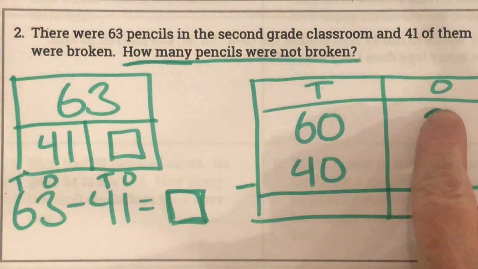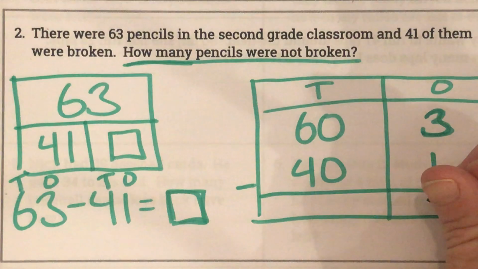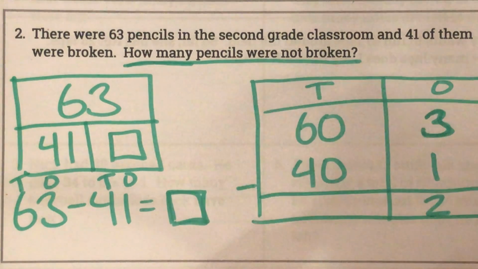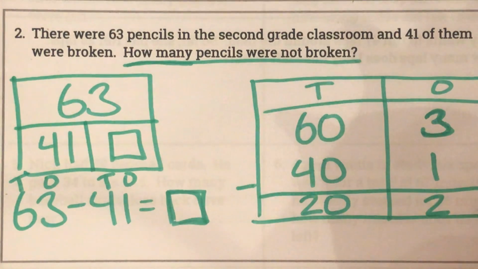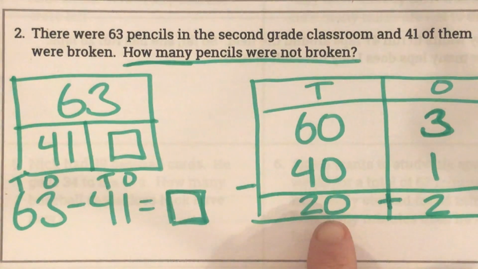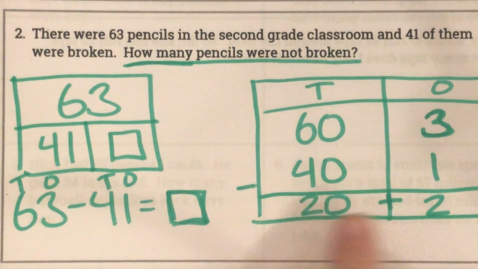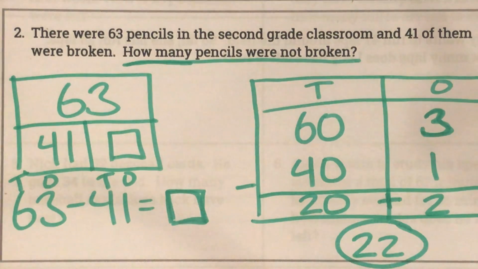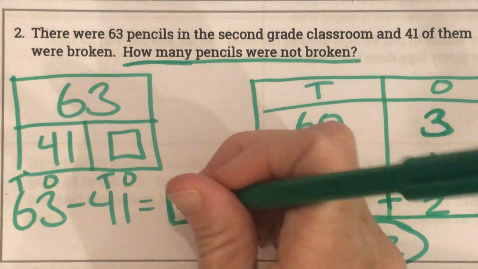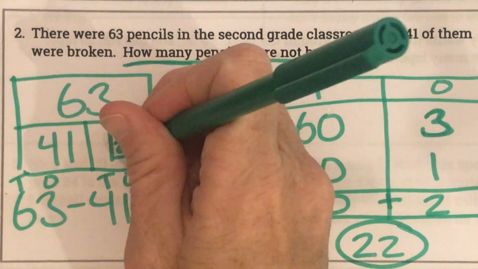If we have 3 1s, take away 1 1, we get 2 1s. And if we get 60, take away 40, we get 20. So what is 20 plus 2? Well, 20 plus 2 is 22. So our difference is 22.